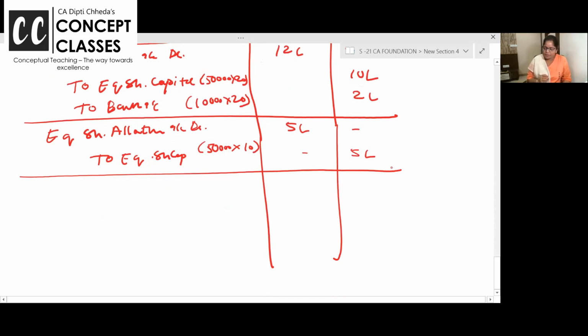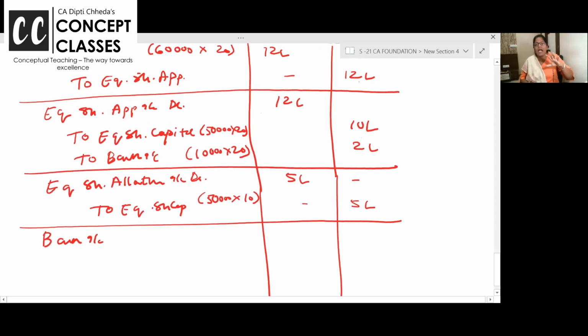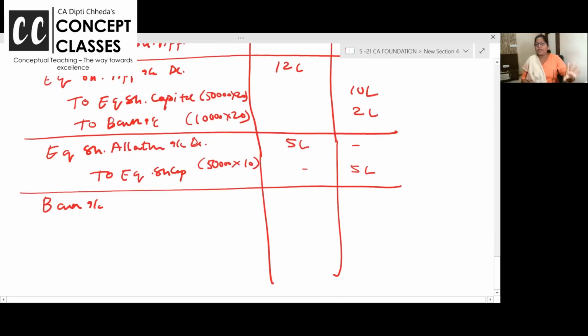Equity share allotment due. But you have received less. Allotment is due. Listen: out of 60, 10,000 applications have gone. Bye-bye. These guests have gone. So now allotment, first call, everything is for 50,000 shares only.